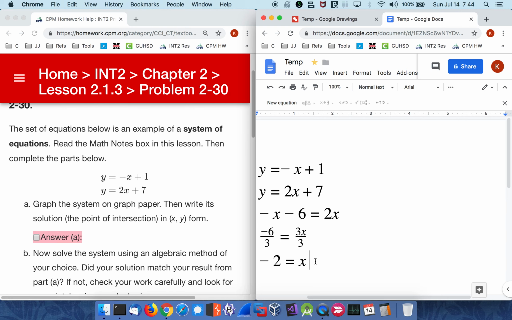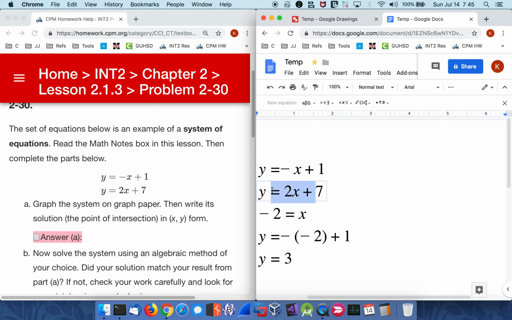Okay, well that's part of it. So now let's take that x equals negative 2, and let's go ahead and put it back into one of these equations up here. So let's do the first one. So we've got y equals negative times negative 2 plus 1. So negative times negative 2 is 2, plus 1 is 3. So y equals 3. But let's just double check that.